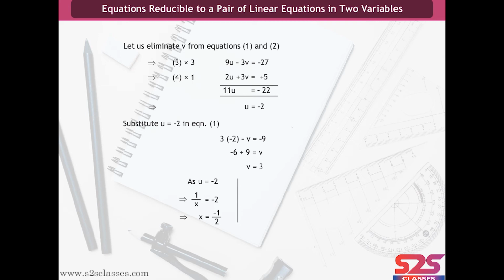Similarly, as the value of v is equal to 3, it implies 1 by y is equal to 3, or y is equal to 1 by 3. Hence the solution of given system of equation is x is equal to minus 1 by 2 and y is equal to 1 by 3.